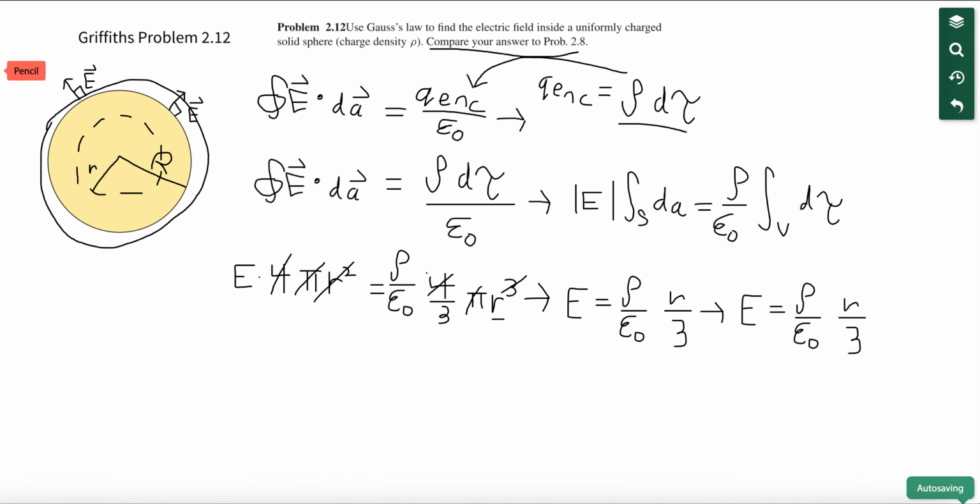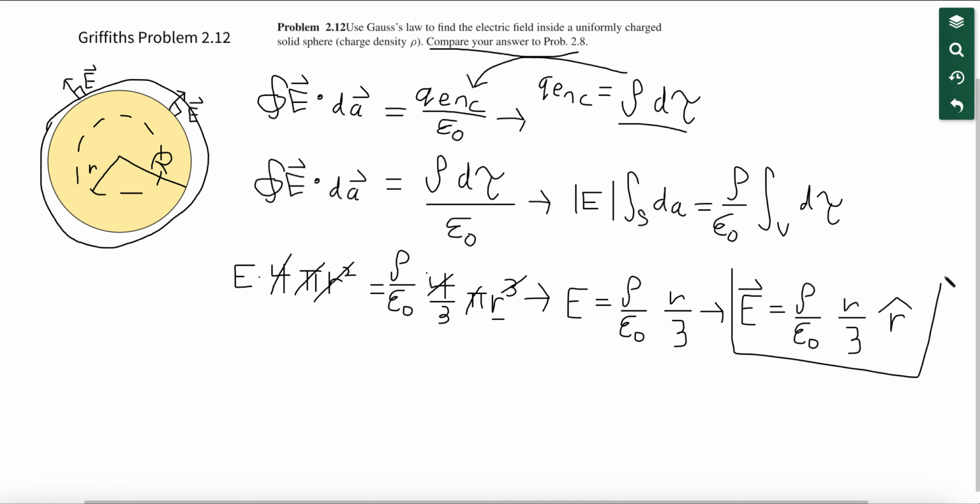And as I stated earlier, the electric field is pointing in the r hat direction because it's pointing out radially. And so with that, we can safely put the vector hat on top of the electric field. And this is going to be the answer to our first part of 2.12.